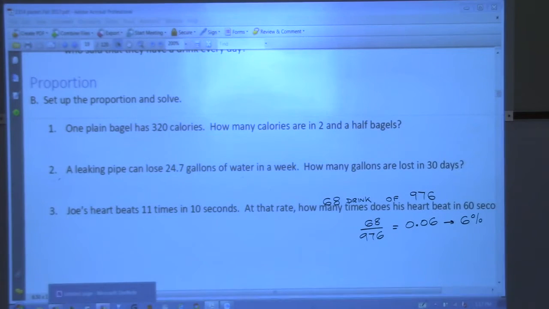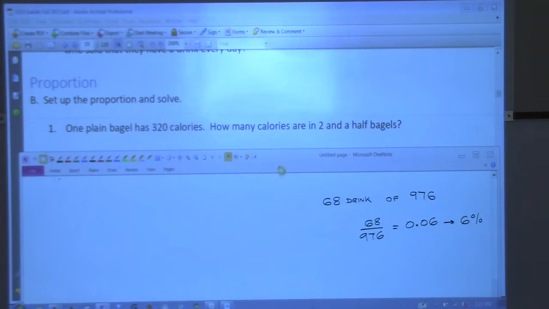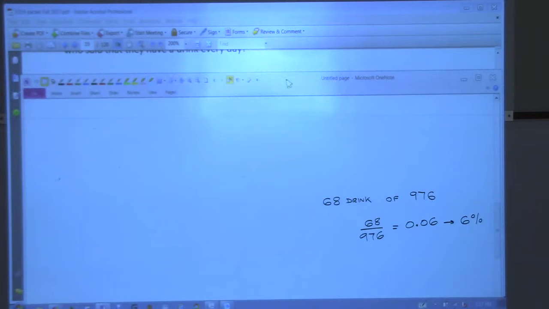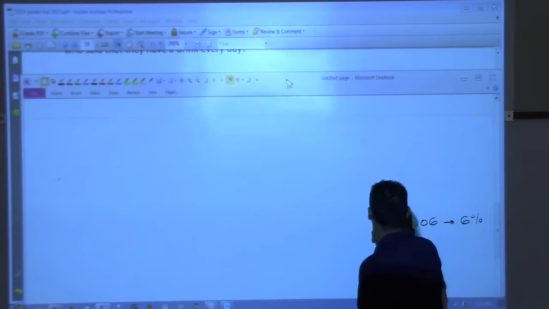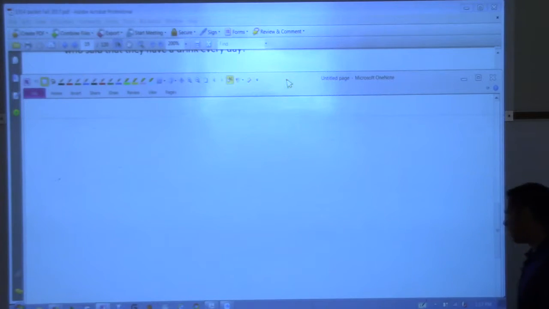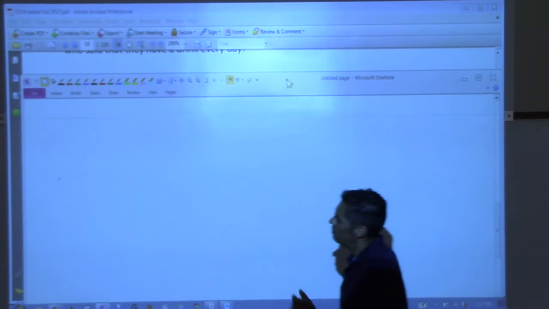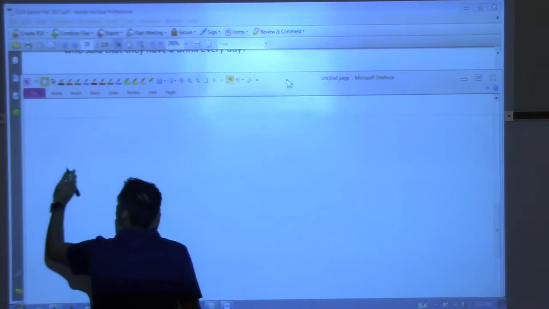All right, we're going to move on to proportions. Proportions and percentages are connected, but they're a little different. So a proportion is something like this.